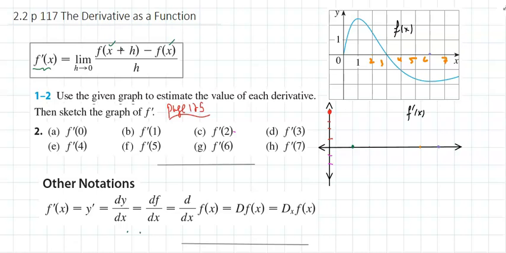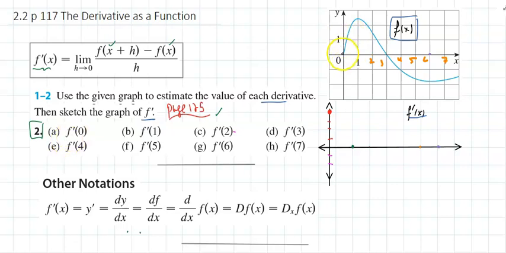So now we want to look at problem number 2 on page 125. Use the graph of f of x. There's f of x. To estimate each derivative, let's sketch the derivative. So I'm trying to visualize at 0.